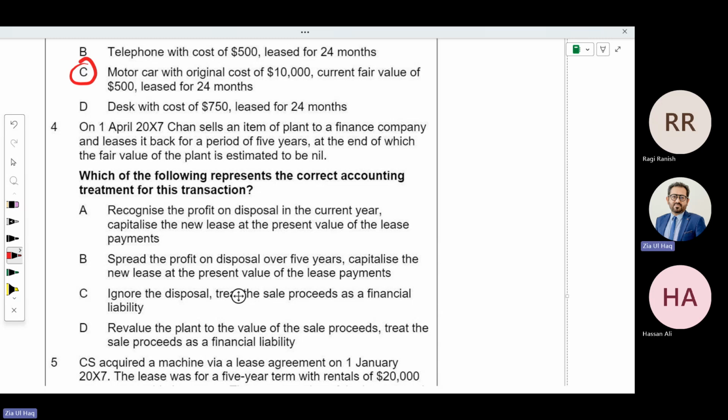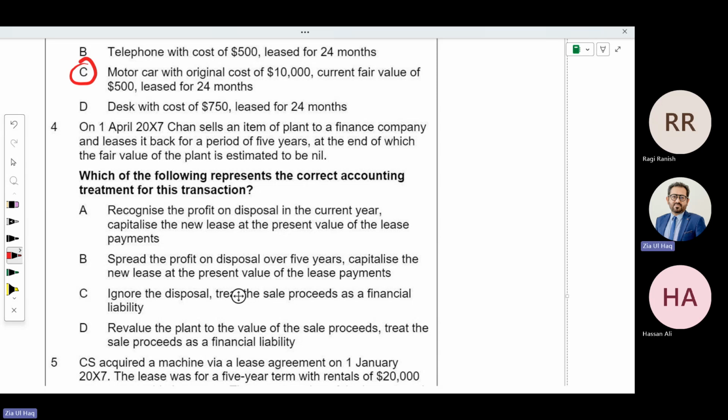Which of the following represent the correct accounting treatment for this transaction? Recognize the profit on disposal in the current year. Capitalize the new lease at the present value of the lease payment. Is that meeting sale and lease back criteria?